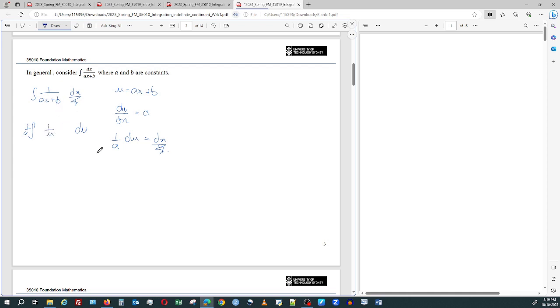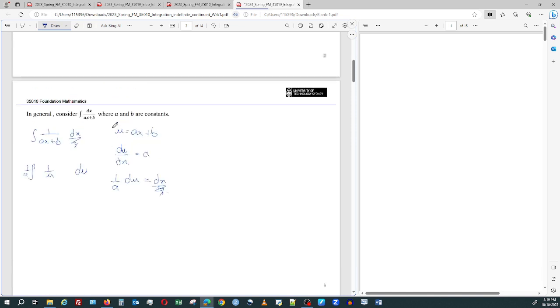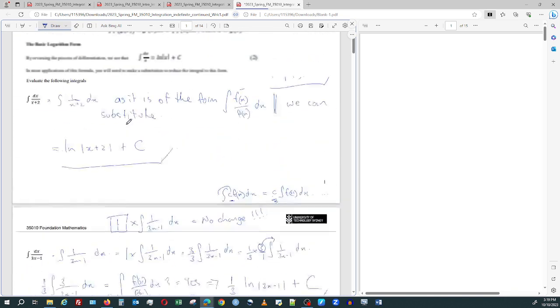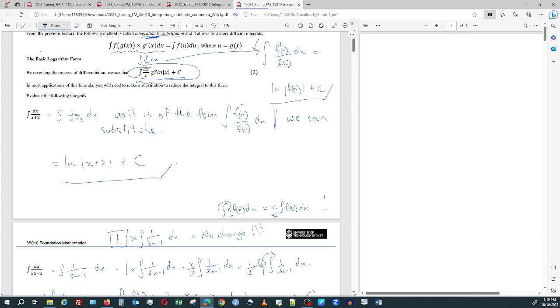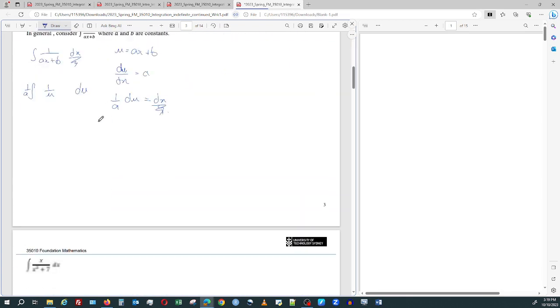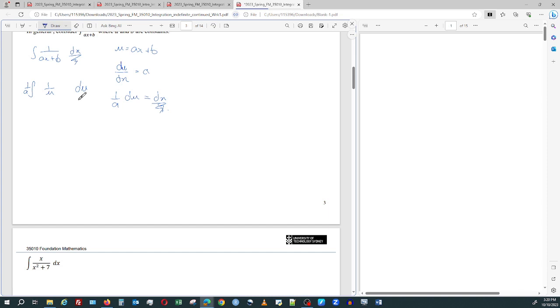So it's 1 over u. Now 1 over u, as we've already seen in the opening part, is in fact the derivative of its function over u. So we can just simply say, alright, that's the form of f dash of x over f of x.